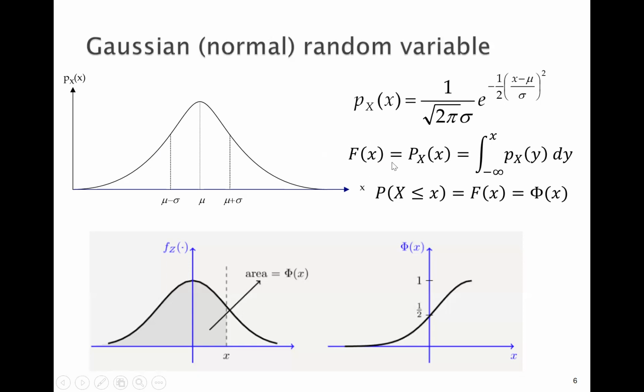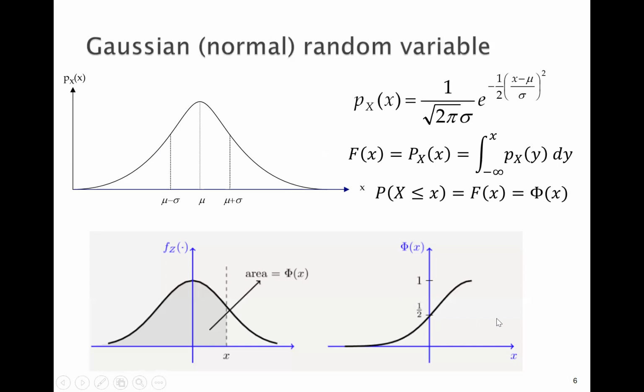And its CDF can be derived from the PDF, where for a particular value X, we simply integrate over Y up to X. The CDF is usually defined in terms of the error function, which is denoted by phi of X, and at the bottom you can see it on the right-hand side.